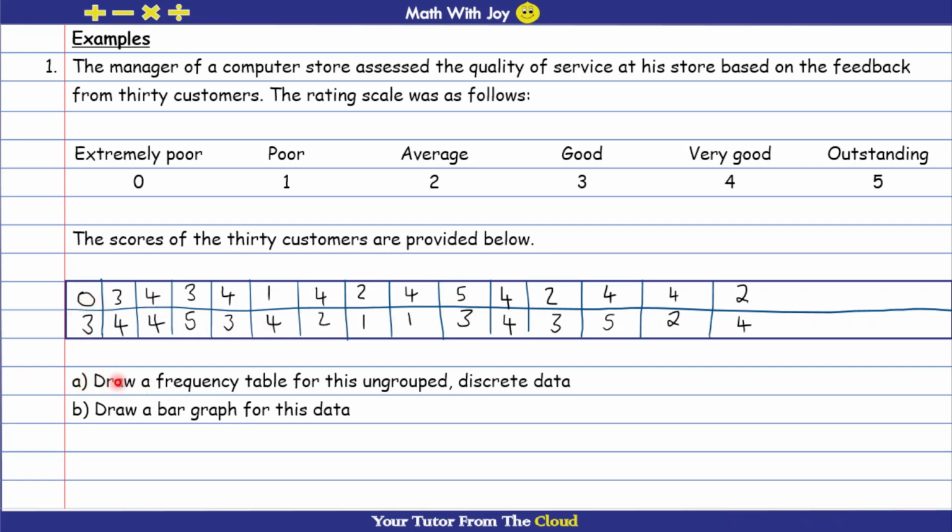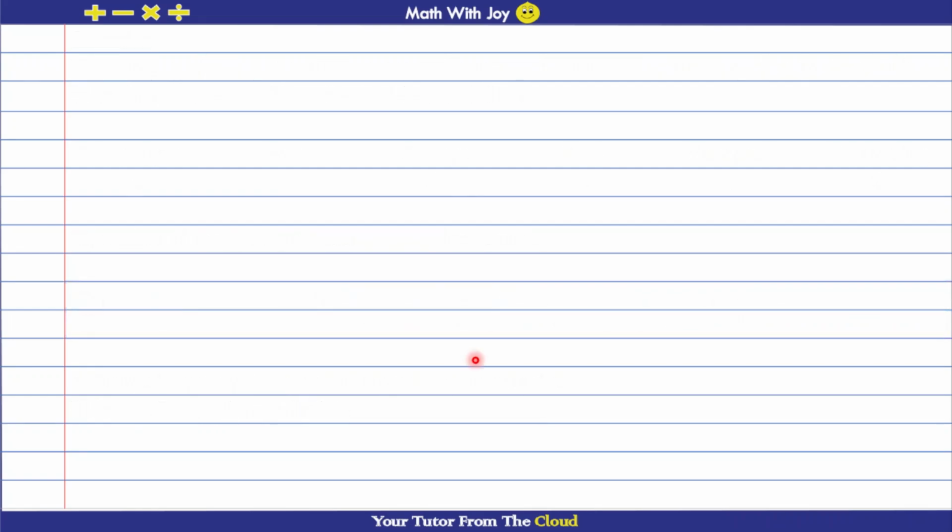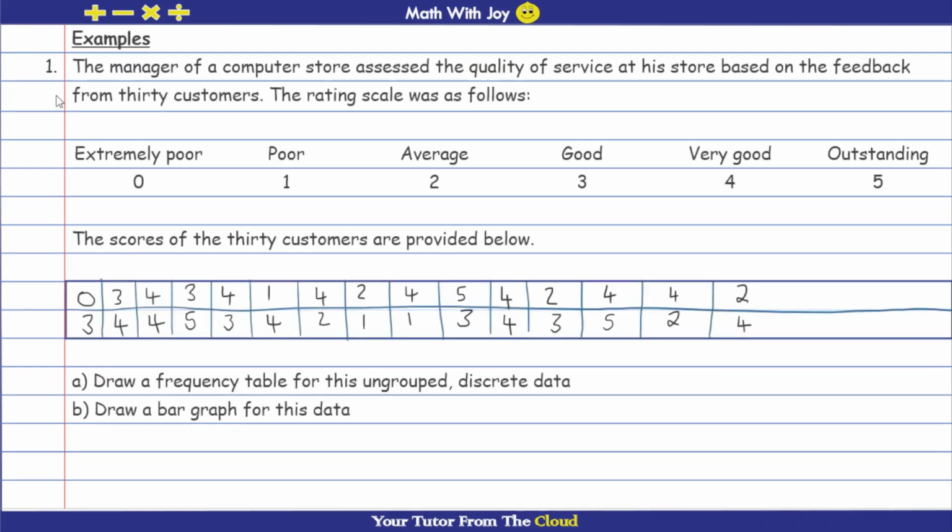Now, question number 1, they say draw a frequency table for this ungrouped data. Whenever you're drawing a frequency table, you want to have all the values. So let's just solve it together. I'm going to write down number A. In this situation, what we have is the scores that the customers were rating the store.